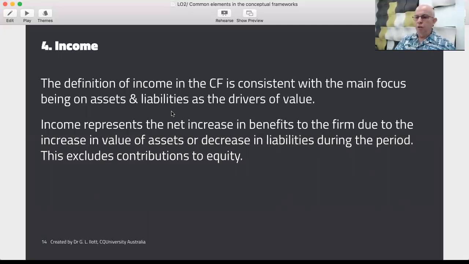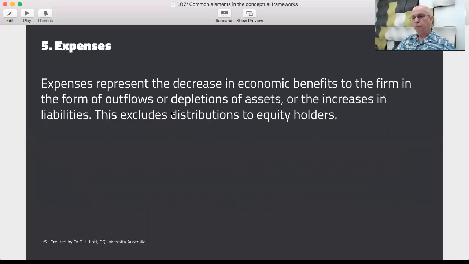And we don't include in this any contributions to equity made by the owners of the firm. Expenses are the flip side, and they represent the decrease in economic benefits to the firm from either depletions of your assets or increases in your liabilities. And we exclude from this any distributions of money to the equity holders.